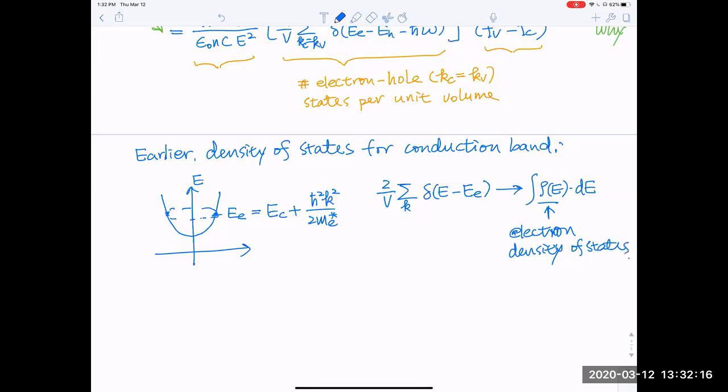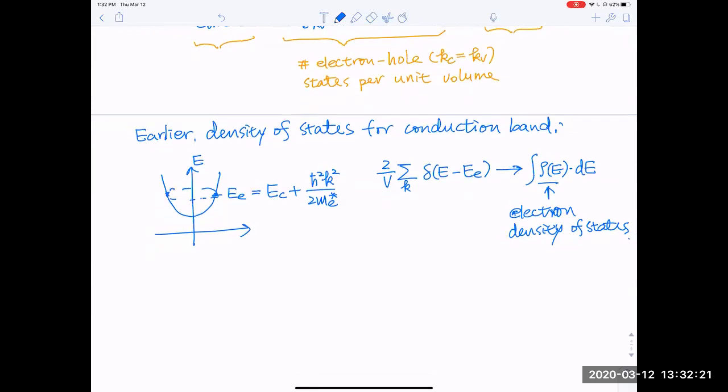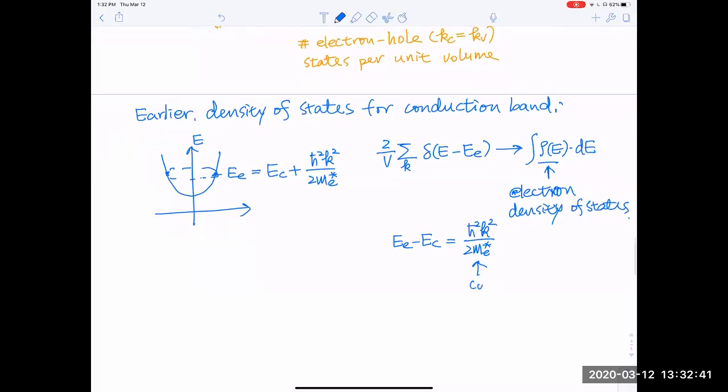Okay, and basically, we are counting the K space, right? So you can see what we have here is E minus E_C equal to h bar squared k squared over 2 m_e star. And we're basically counting states in this expression here.